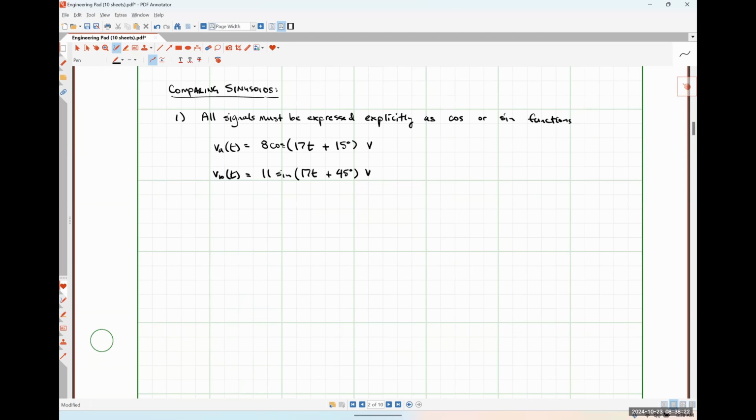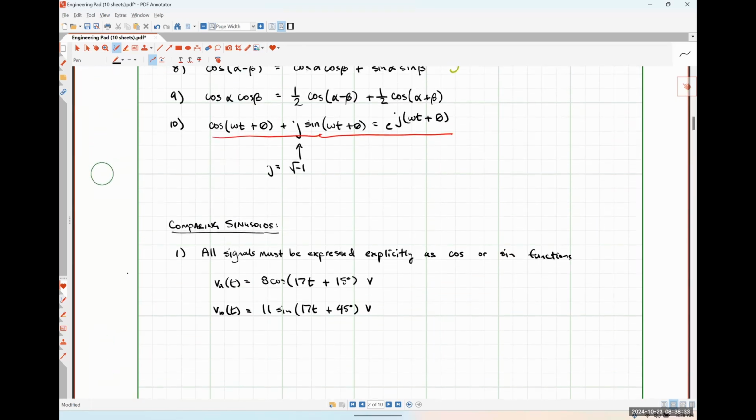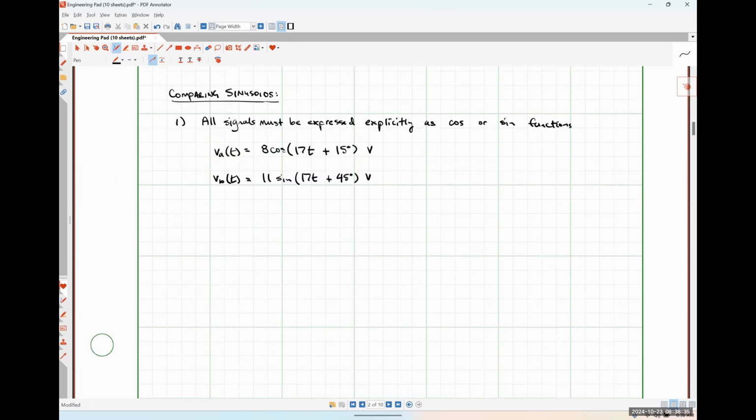So as I mentioned a couple of moments ago, electrical engineering uses the cosine function as our basis for all sinusoidal signals. For what it's worth, it's just because it's the real part of a complex number.